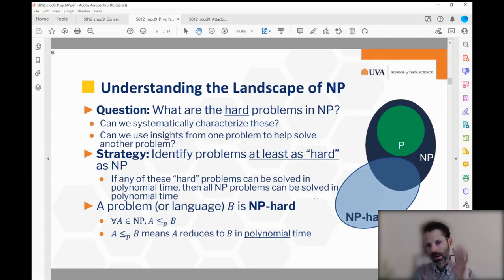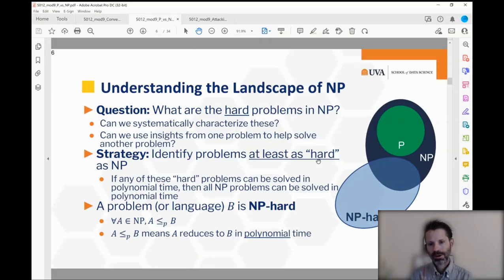Along these lines, another class of algorithms that we can define in terms of NP are algorithms that are NP-hard. We know, of course, that all algorithms that fall within the set of NP also encapsulate those that fall within P. But if we want to differentiate the difficult ones, that fall outside of P, at least we think fall outside of P, or a better way to phrase that, are at least as hard as the hardest problems that exist within NP, they are NP-hard problems.